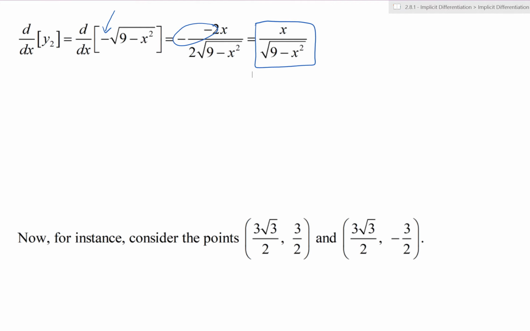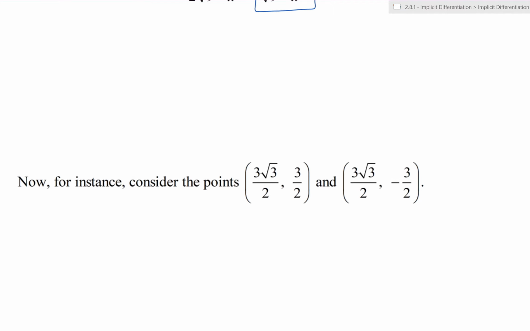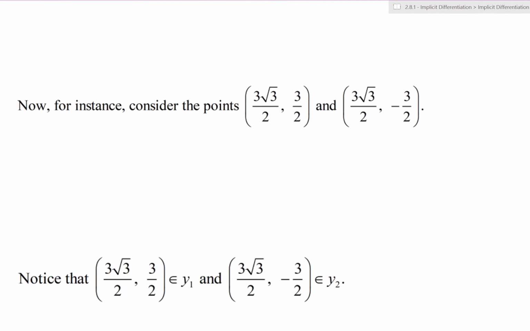Now, let's consider a couple points that are both on this implicit curve. These two points right here, 3 root 3 over 2, comma 3 halves, and 3 root 3 over 2, comma negative 3 halves. Notice that if you plug those x's and y's back into the relation, it would satisfy the relation, x squared plus y squared is 9. So they're definitely on the graph of this circle.